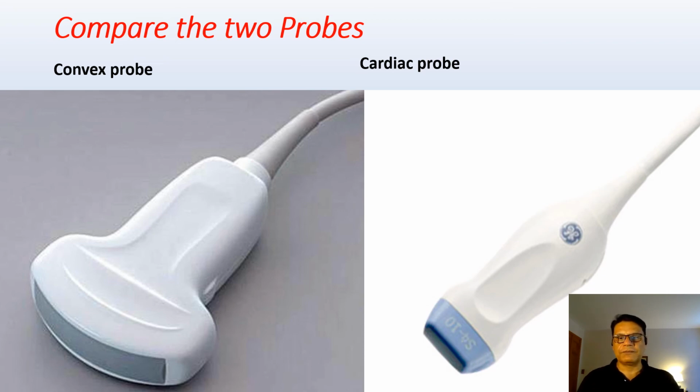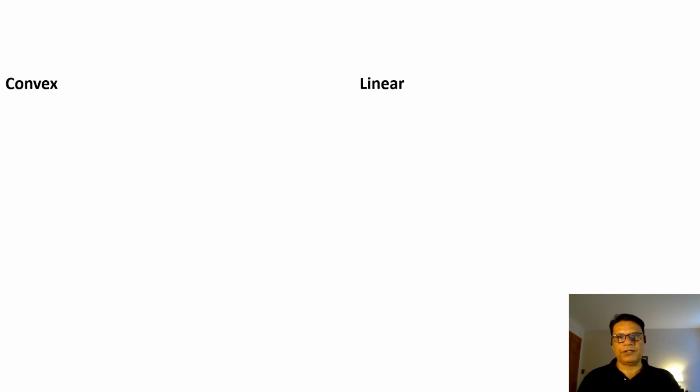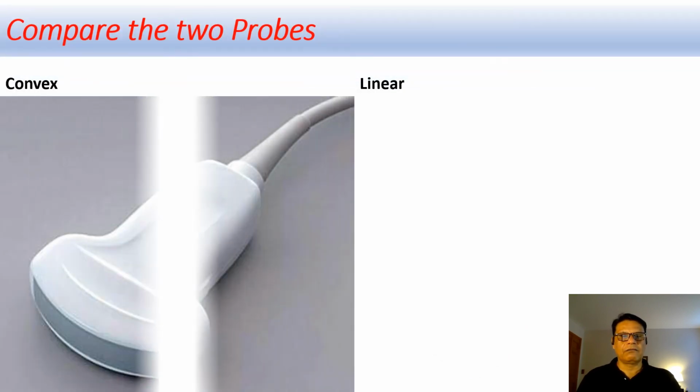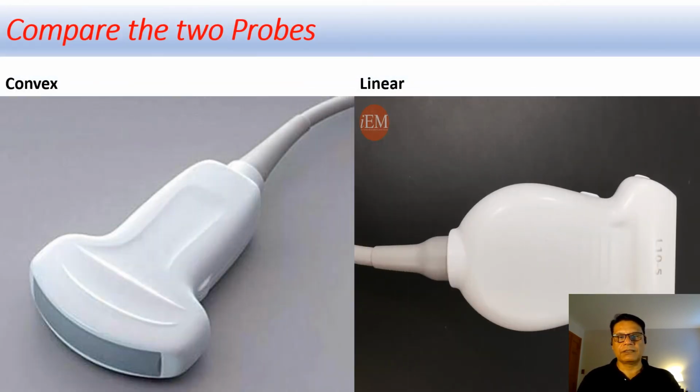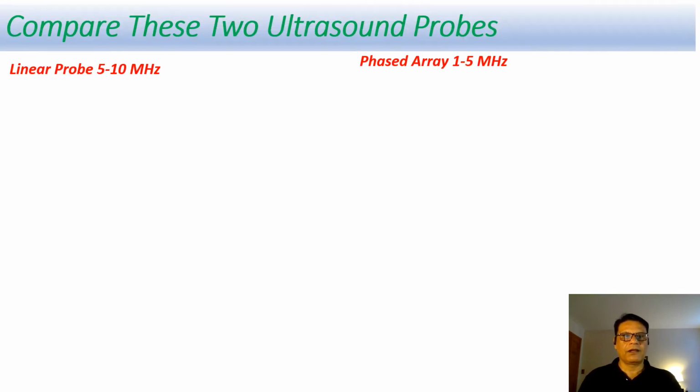Both are low frequency probes, and they have deeper penetration. A little bit of comparison between convex and linear. See the footprints. Linear probes usually have frequency 5 to 10 megahertz, and phased array or convex probes have 1 to 5 megahertz frequency.